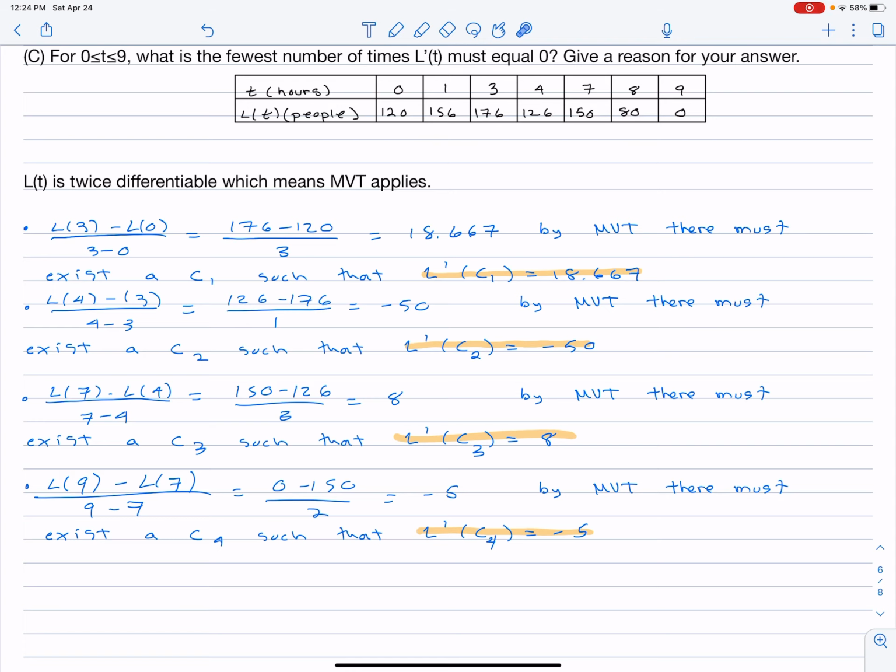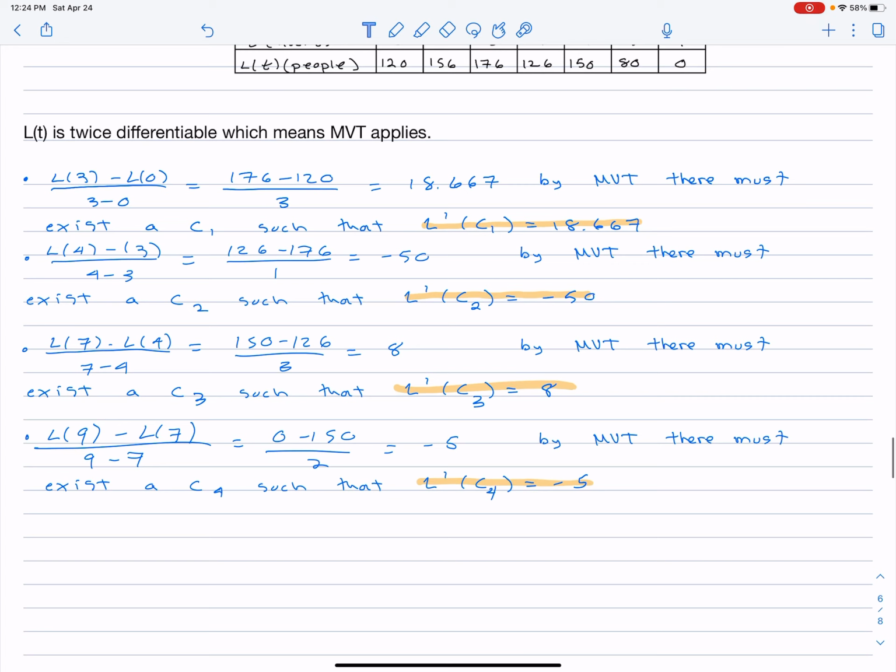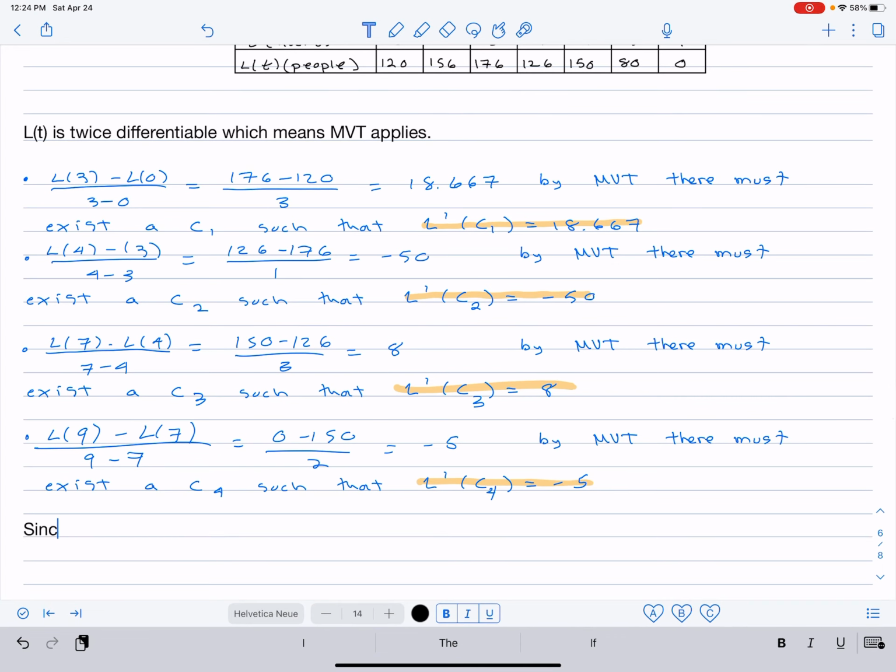So what I'm going to say here, and I'll type this out, is, since L of t is twice differentiable. I could just say differentiable, right? I don't really need to say twice. Just being differentiable once is fine because it's continuous.